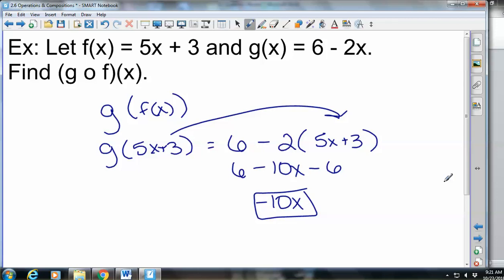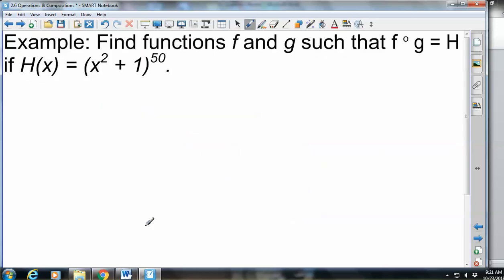to take a couple problems and we are going to do the composition in reverse. So I'm going to give you something like this. I want to find functions f and g such that f composed with g is equal to h.